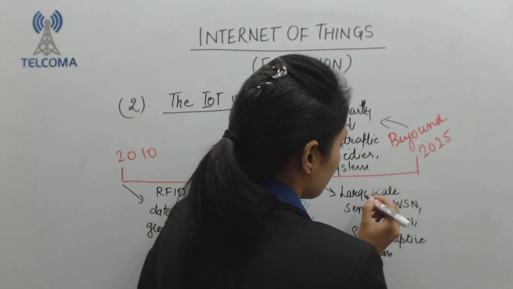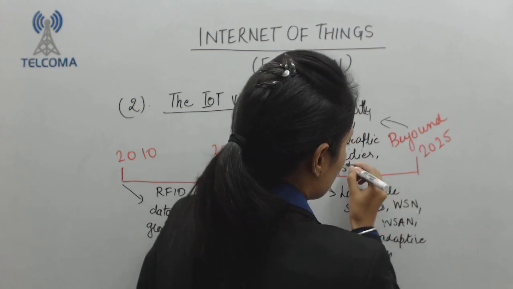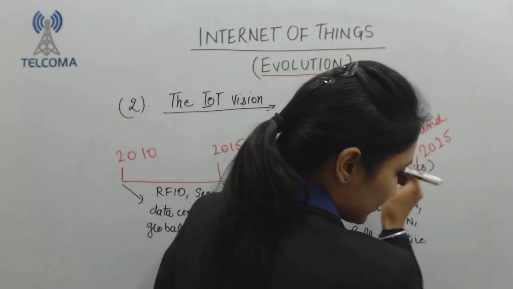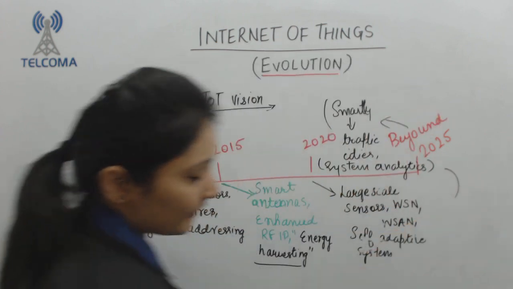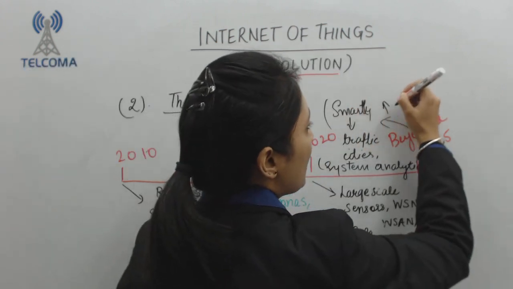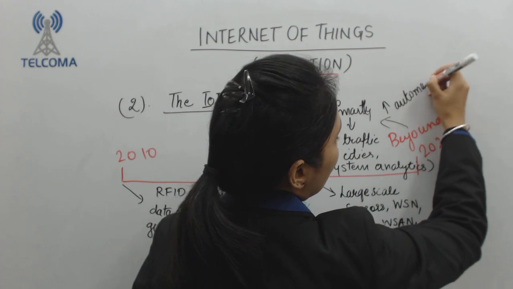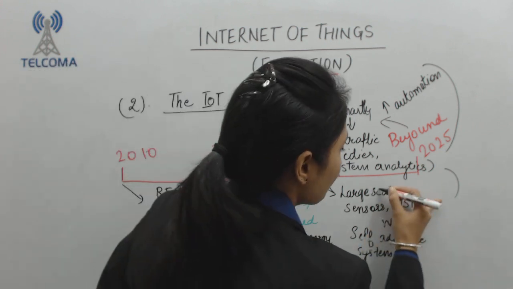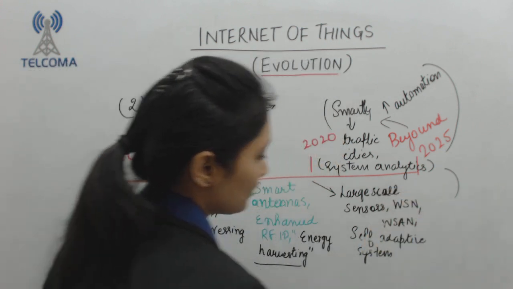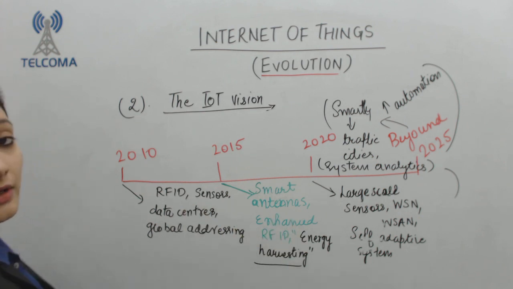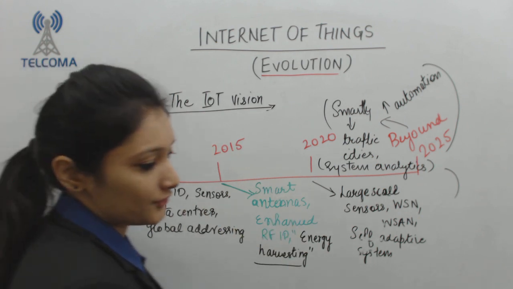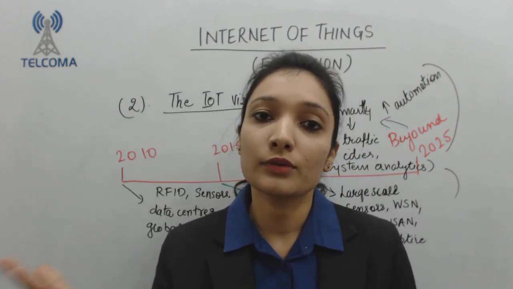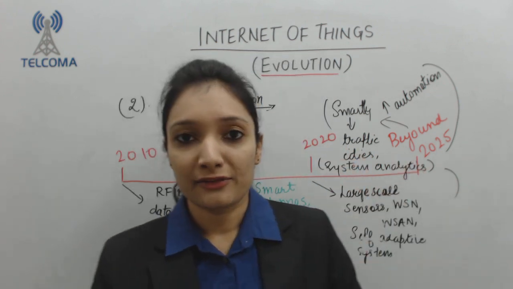You will have system-based analytics here, and there will be large scale automation by this time because every device will have connectivity to the internet. So this is the year-by-year progression for the IoT vision and how things are supposed to expand in terms of internet connectivity and how they are going to make life easier.